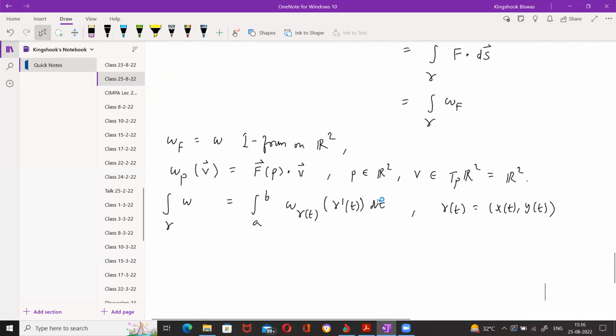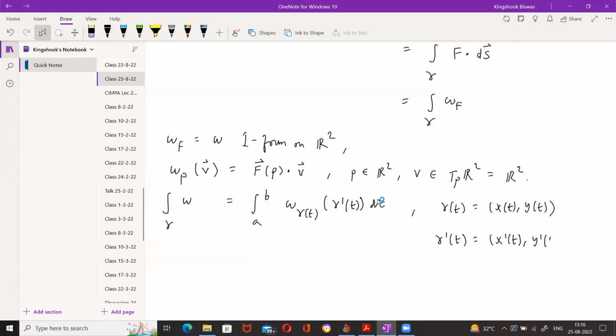So gamma prime t is x prime t, y prime t. And what is this one form omega?